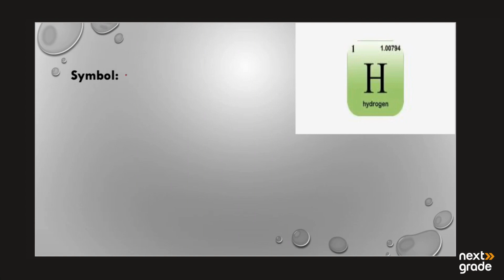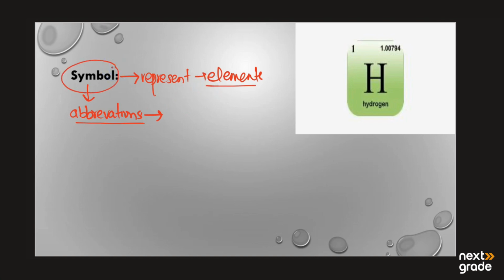Basically, a symbol by definition is used to represent the elements. We can represent the elements by using abbreviations. These abbreviations are for the names of the elements, and these abbreviations are known as symbols.